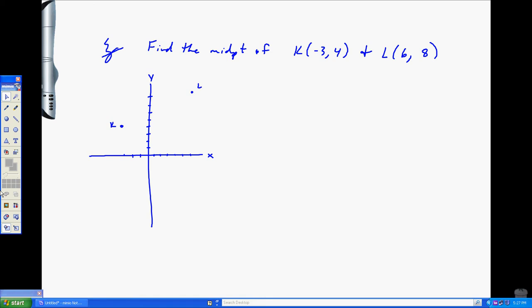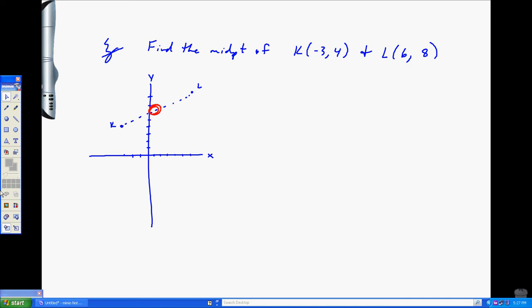So if you were to look at this line, that I could draw a dotted line in there, and we were to try and guess whereabouts or what ordered pair might be the midpoint. Somewhere in there. Okay, I'm guessing.